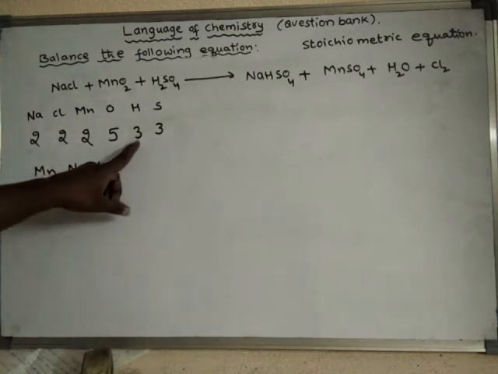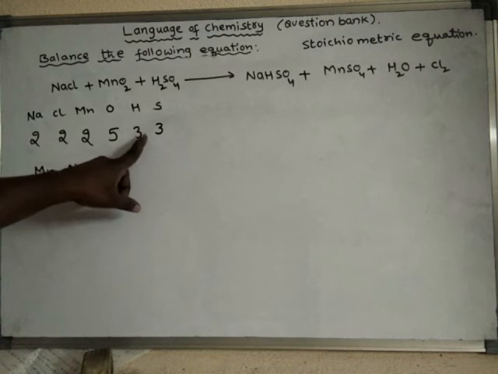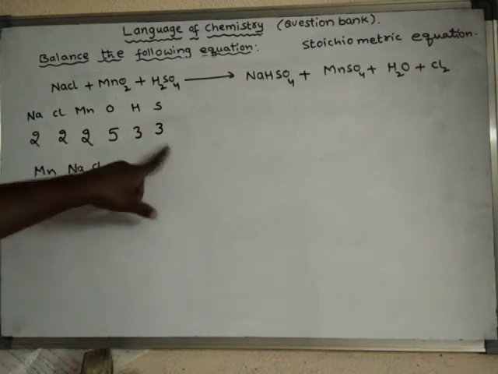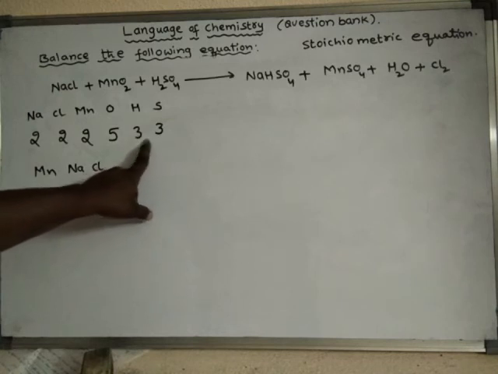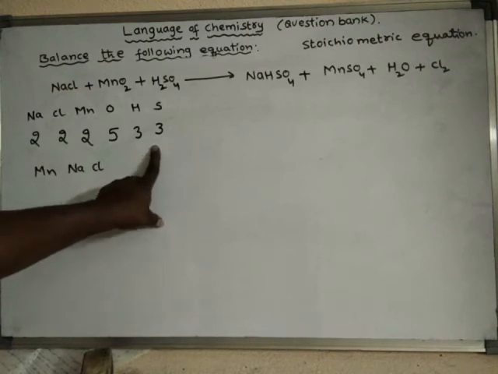Now after 2, frequency number 3 is the highest. So search for these two. When two elements have the same frequency number, we write the metallic element first.